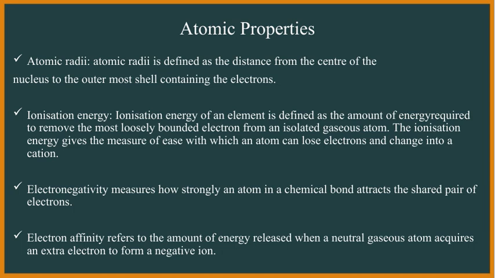It's crucial for understanding how atoms interact in molecules and how bonds form. Finally, electron affinity refers to the energy released when a neutral gaseous atom gains an extra electron. This process creates a negative ion, and the amount of energy released gives us insight into how eager an atom is to accept electrons. All these properties are interconnected and help us understand the behavior of elements, especially when considering their role in chemical reactions and bonding.